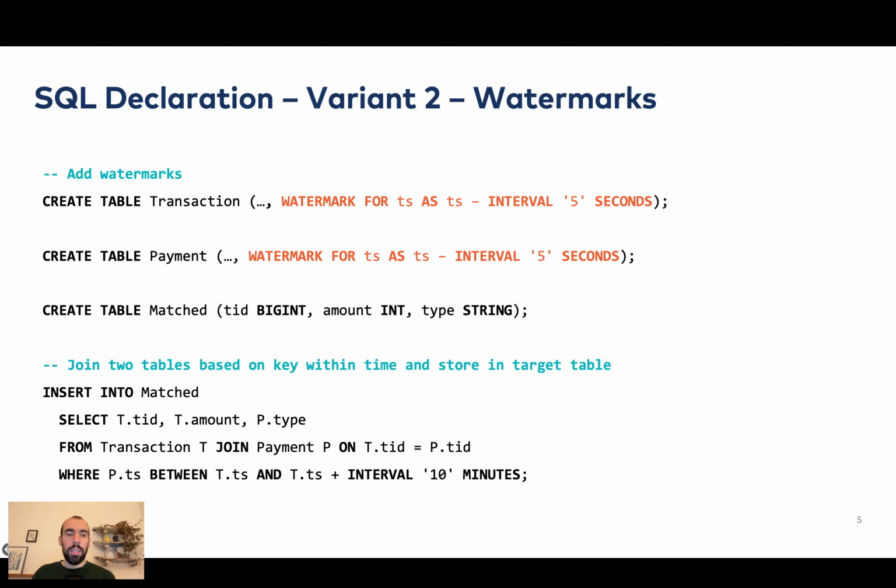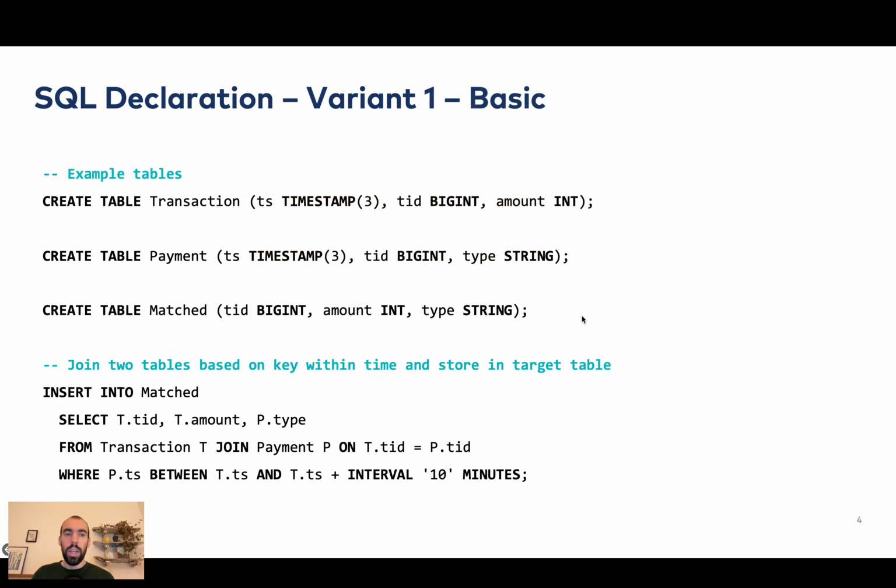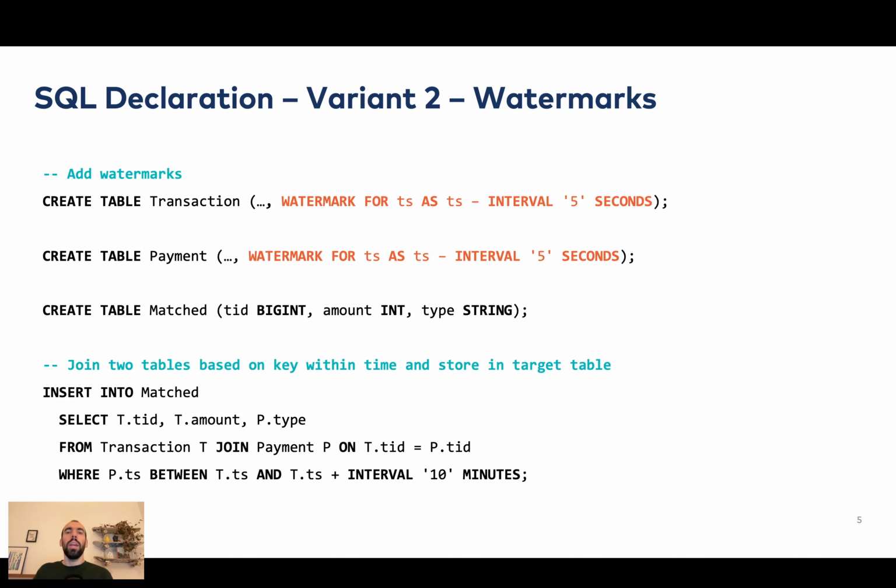But nevertheless, we will not touch the query part of SQL. So the query part will always be standard SQL, but Flink modifies some parts of the create table syntax. But of course, as you can see in variant 1, it's optional, right? You can also leave out the watermark.